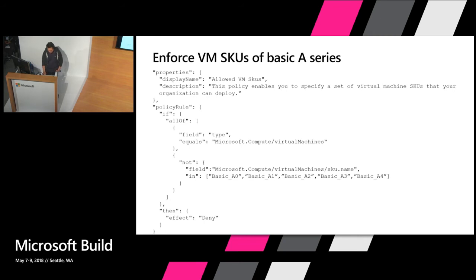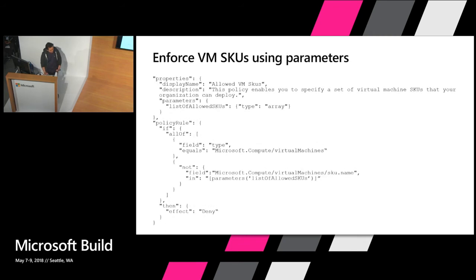Now, if we want to apply a parameter, what you would do is, in the field right here, switch out the actual value and put in a parameter. And then at the top, you can specify the name of the parameter, which is called list of allowed SKUs, and it's an array of values. Okay, so these parameters are strongly typed, and then you can use that to apply to your environment.